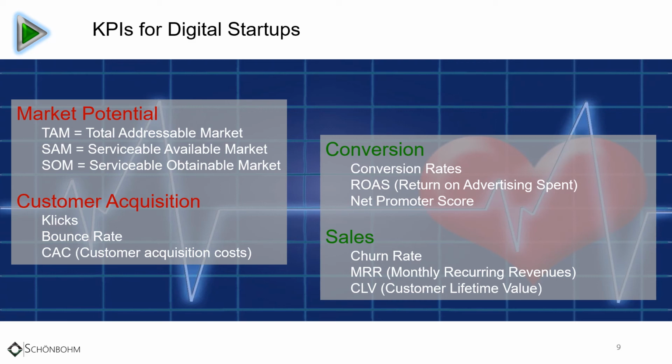Yes, and finally, sales. Here we have the churn rate, so the number of customers who drop out, and especially for digital startups, we have MRRs, the monthly recurring revenues. Very important. So this is the money that comes in every month and that we can plan for. And last but not least, the CLV, the customer lifetime value.